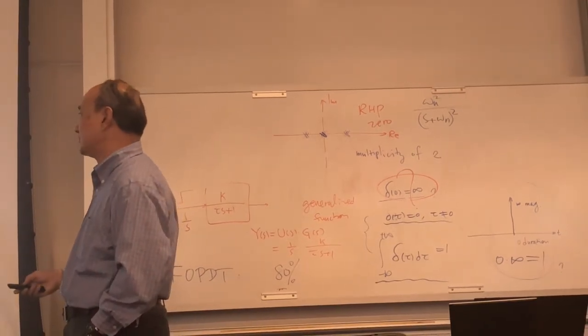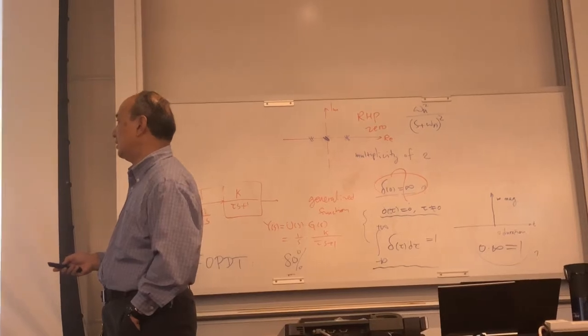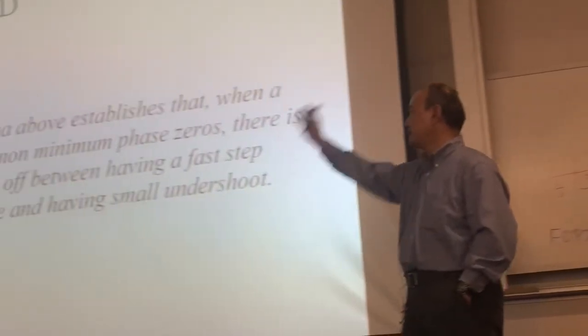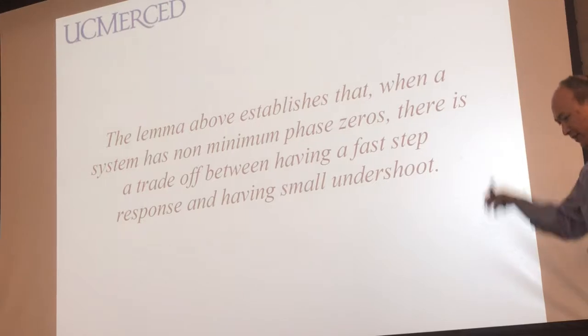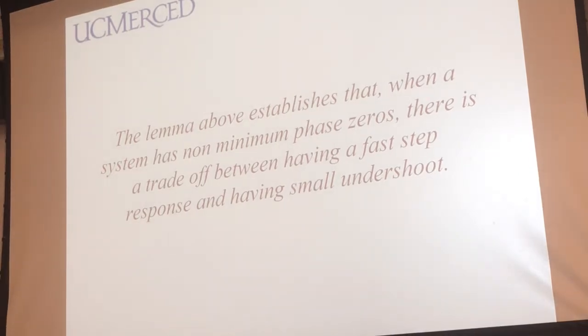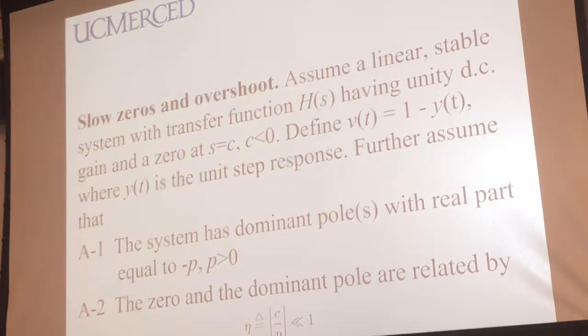If you want a very fast response, then you have to accept a very big undershoot. That's the problem.